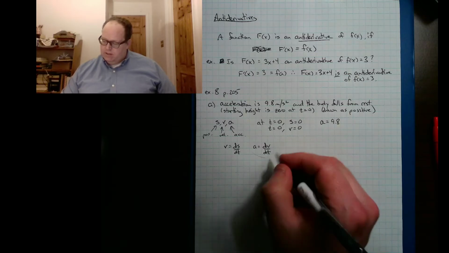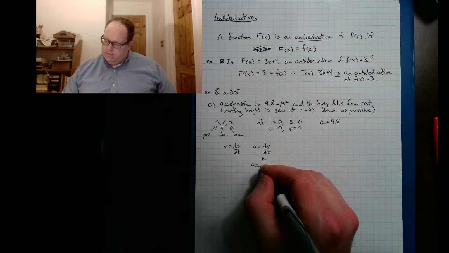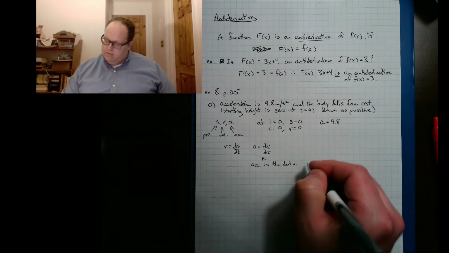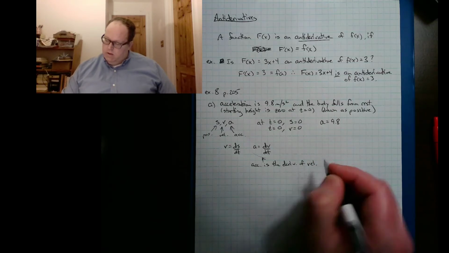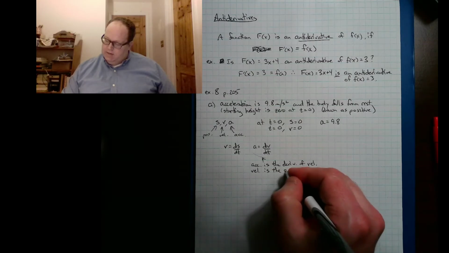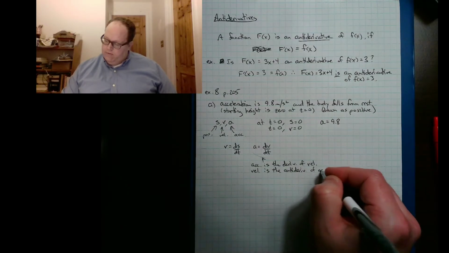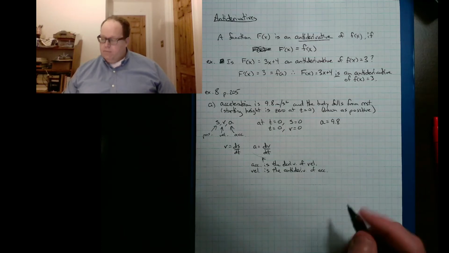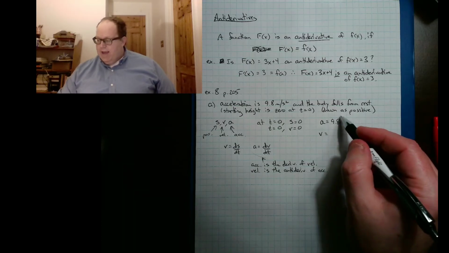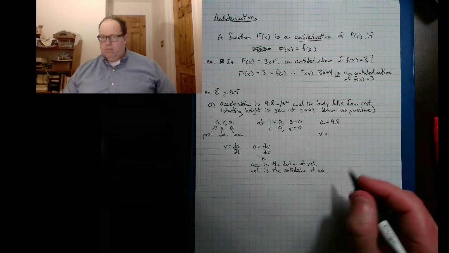Two ways you can look at this. Acceleration is the derivative of velocity, or velocity is the antiderivative of acceleration. So that would imply that my velocity has to be the antiderivative of 9.8, with my variable being t.